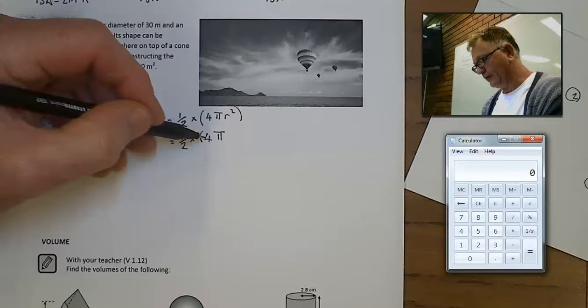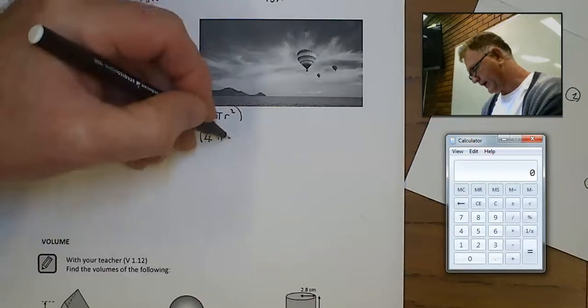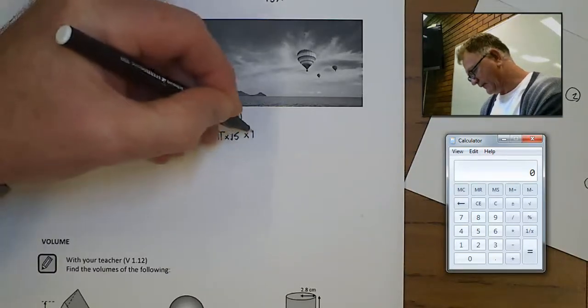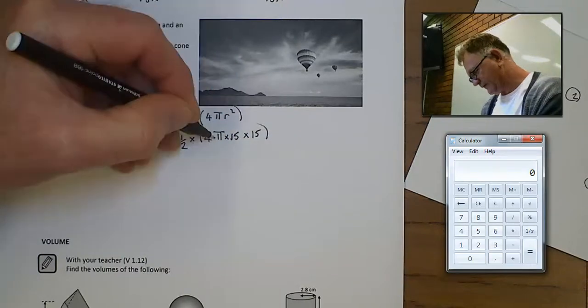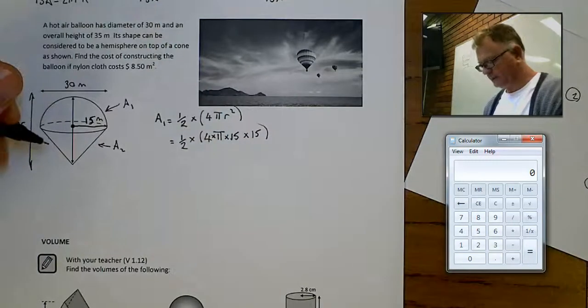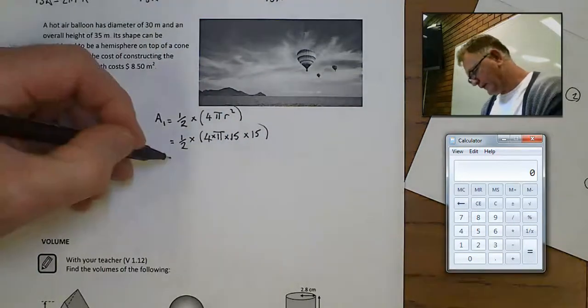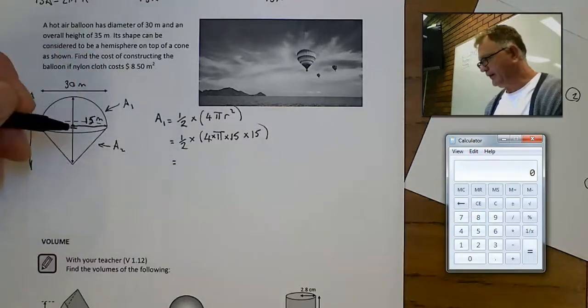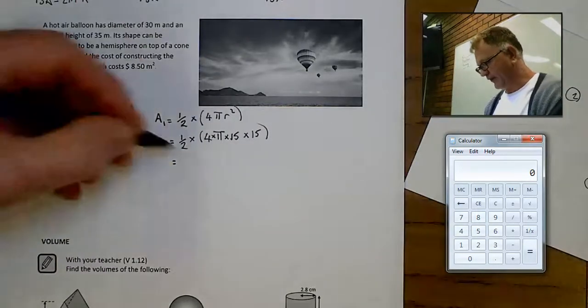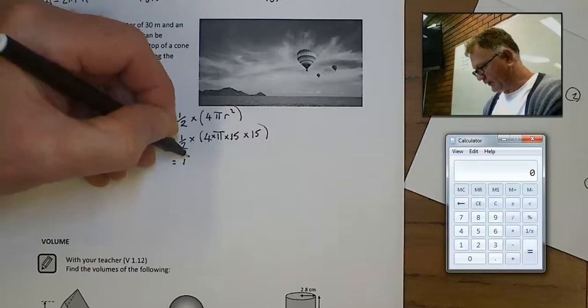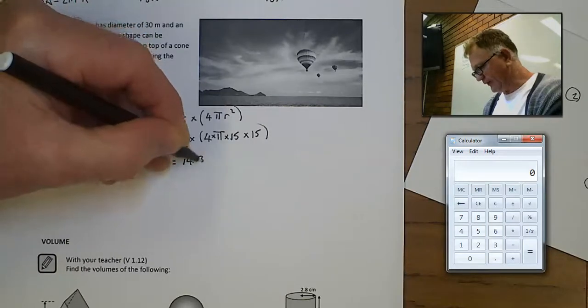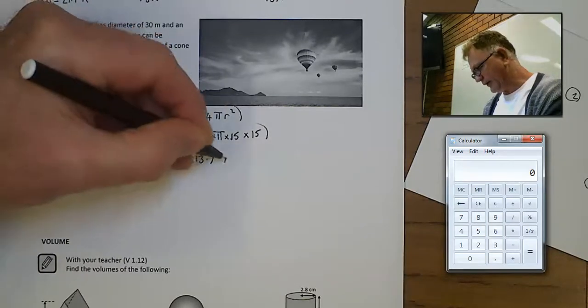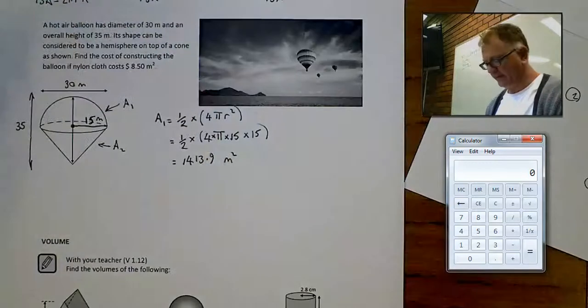So it's half times 4 pi r squared, with 15 times 15. Now I've actually done this beforehand, and so I know that if you do all the computations there, it works out to be 1413.9 metres squared for an area.